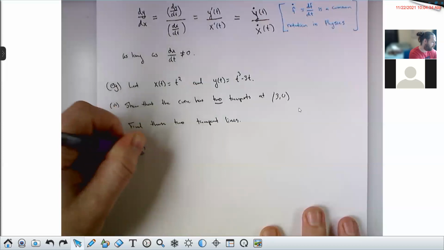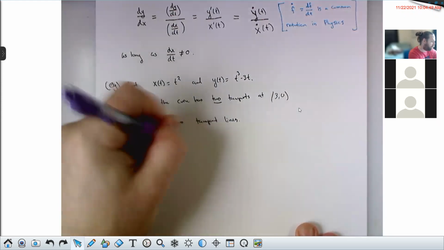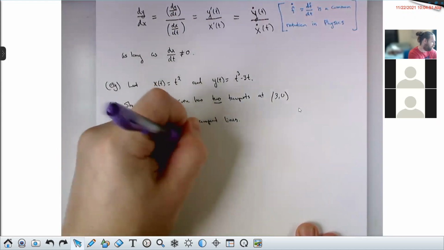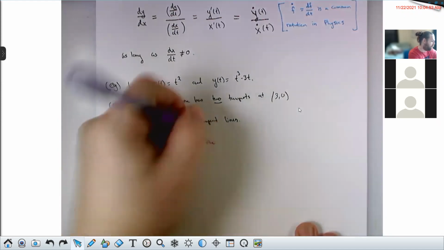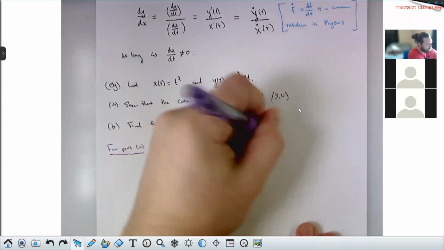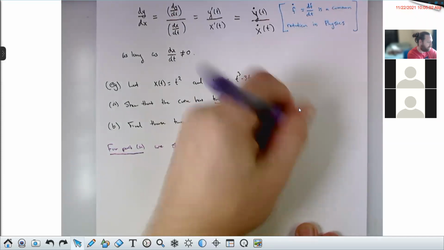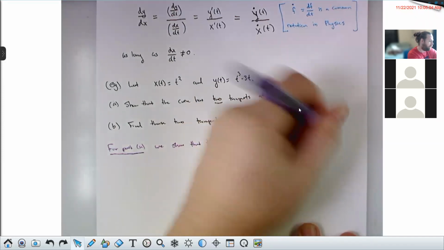Is there any way you can find out it passes through that point twice without plugging it into Desmos? Yeah, that's what we're going to do here. So for part A, if we want to do this without relying on graphing utilities, we show that the curve passes through (3, 0) twice.